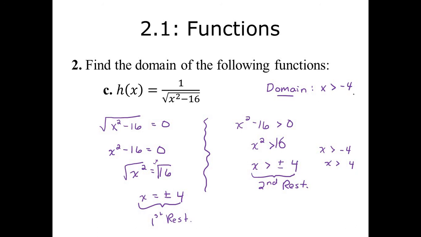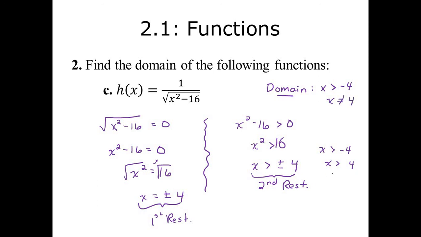That tells us x can't be negative 4, but we run into the problem that if x is greater than negative 4, we run into the problem where x is positive 4, which is one of our restrictions that we found here with the division by 0. So x is greater than negative 4, and x cannot be positive 4.